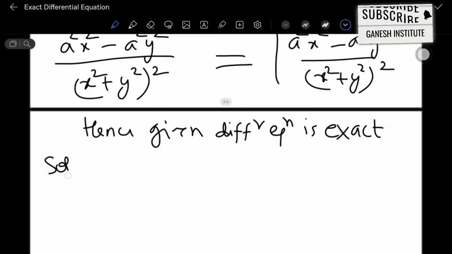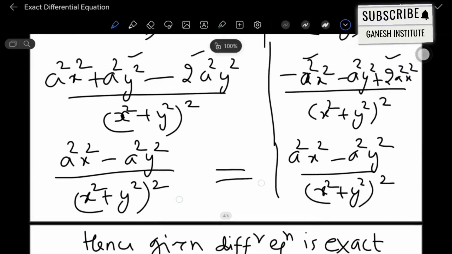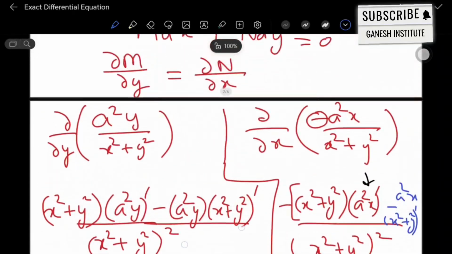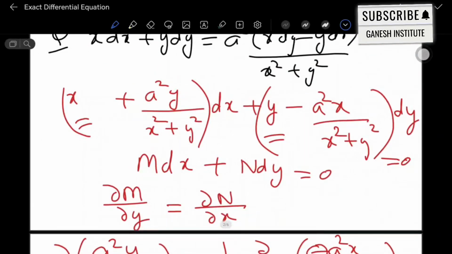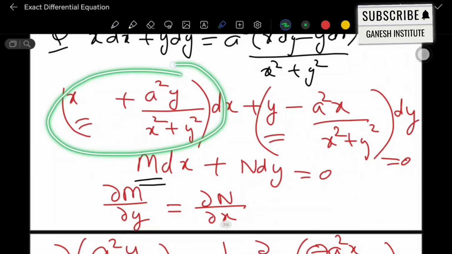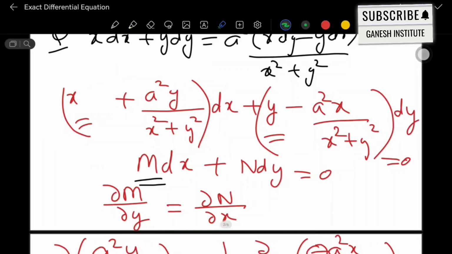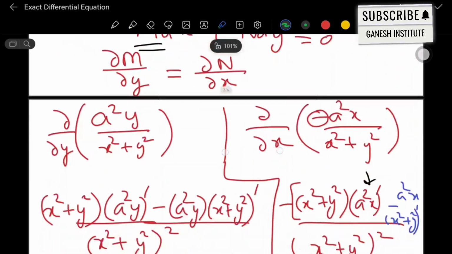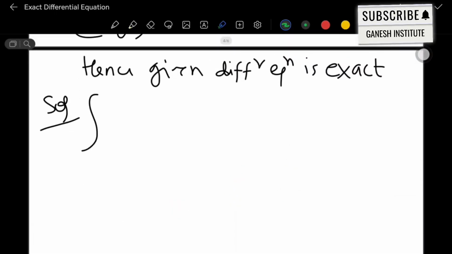And if it is exact, we know how to solve it. The solution is simply we need to take the integration of M dx. So M is what? Our M is this bit, (x plus a square y) upon (x square plus y square). And what is N? This whole, (y minus a square x) upon (x square plus y square). Let's jot it down.